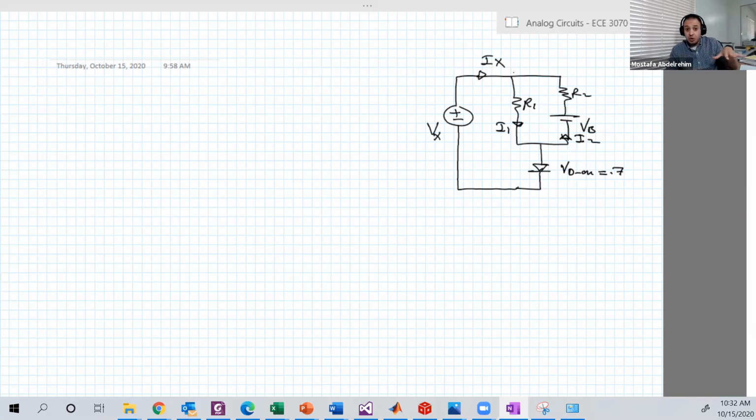I am not gonna solve all the questions, but I wanna highlight 3 main questions of them to show you the best way to deal with such a circuit. The best way is to find the input minimum that will turn the diode on, in terms of the circuit parameters like R1, R2, and VB.